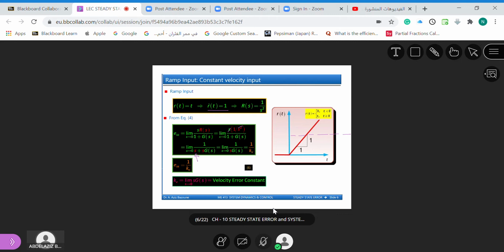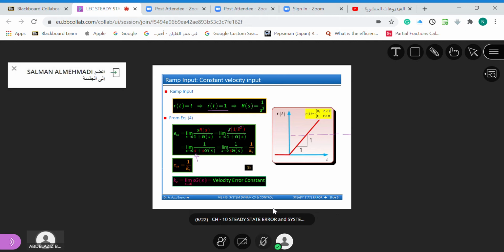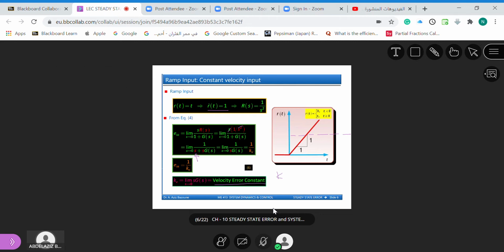We do not take this one to be 0, because maybe G(s) will be 1 over s, and you can simplify s with s. So we are leaving it as sG(s). And this limit, we will call it KV, so the steady state error will be 1 over KV, where KV is equal to the limit of sG(s), and this is called the velocity error constant.